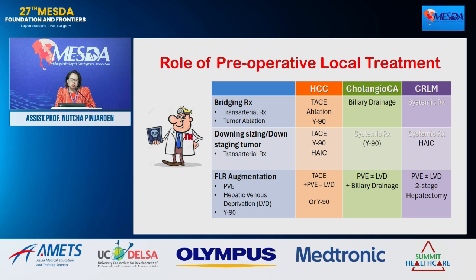And for liver augmentation, PVE or hepatic venous deprivation with biliary drainage is usually required. For colorectal liver metastasis, systemic treatment is mandatory to downsize and downstage the tumor first, and then with the curative treatment, we could do the PVE and then resection, two-stage hepatectomy, or resection with ablation.